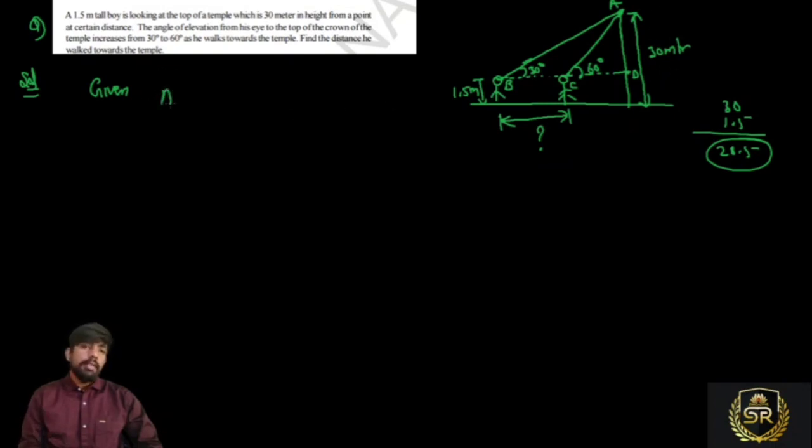AD is equal to 30 minus 1.5, which is 28.5 meters. This is the AD distance.